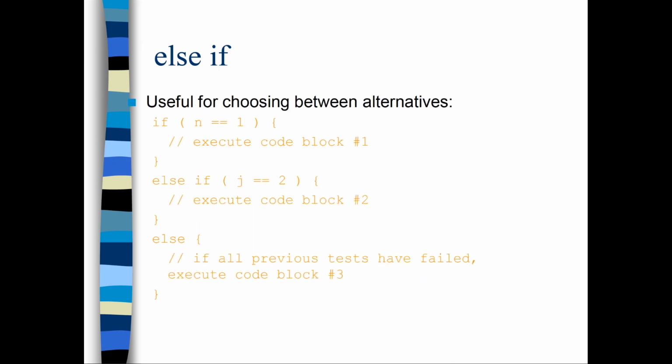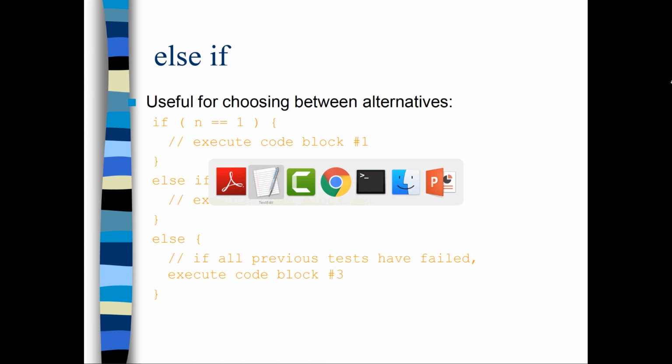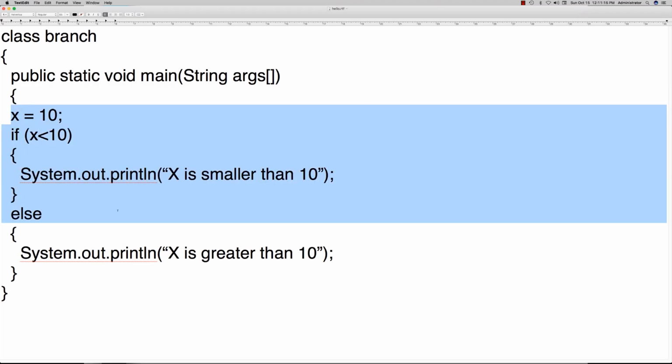Now else if. Suppose there are different alternatives of conditions which we want to use, and for that nested if else may make the application complex. So let me give you a small example of finding the greater among numbers.